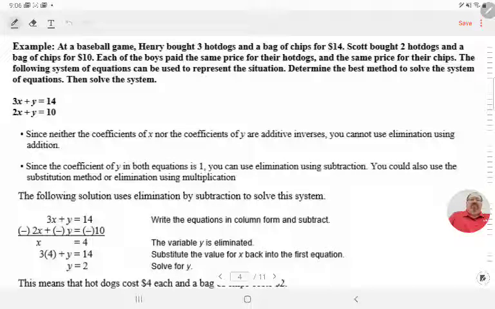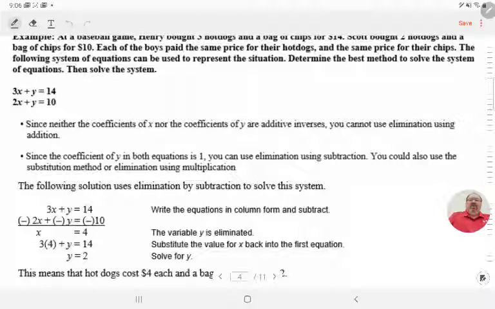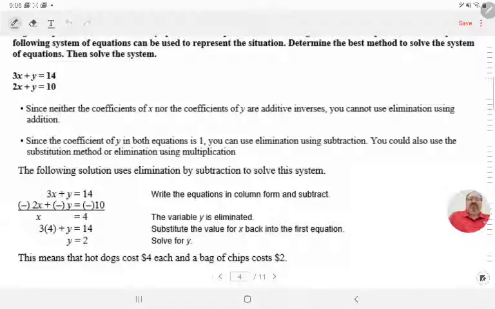So 3x plus y equals 14, and we simply subtract 2x plus y equals 10, and we end up with x equals 4. We can then substitute 4 in for x and solve, and y equals 2. So this means that the hot dogs cost $4 and the bag of chips cost $2. Again, it's just figuring out which method you think works the best and then solving.